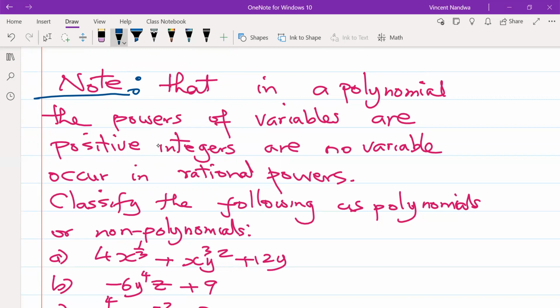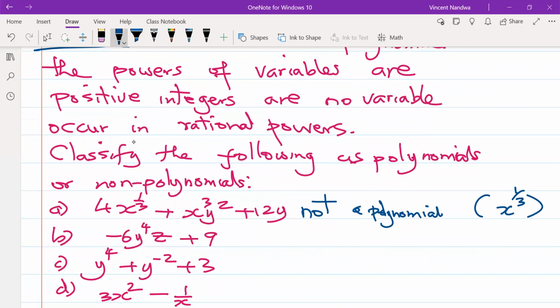Is a third an integer? No, that is not an integer. So is that a polynomial? No. This is not a polynomial because of the term x raised to power 1 over 3; a third is not an integer. If it were an integer, then that expression would be a polynomial.